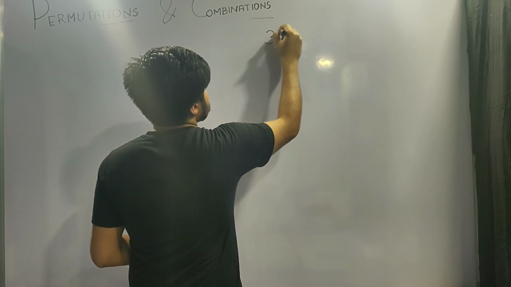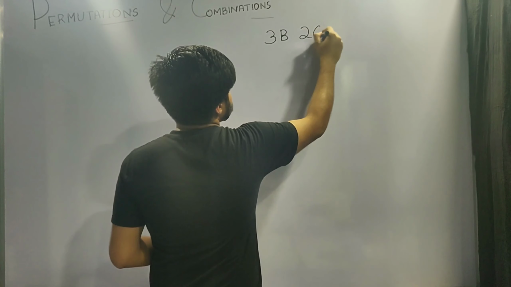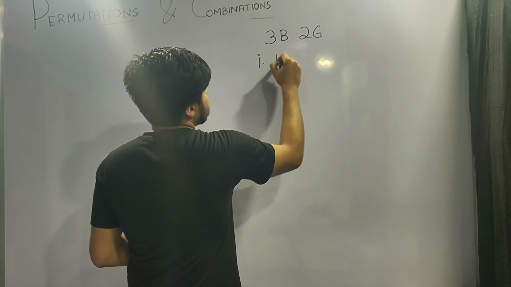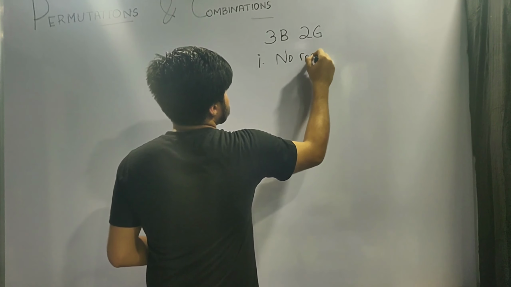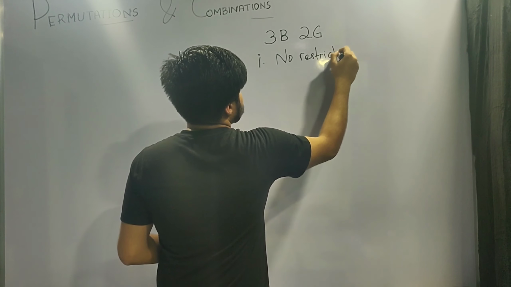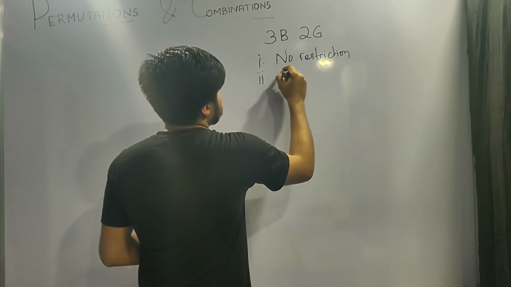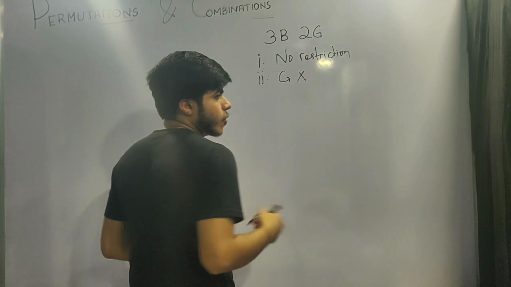Suppose you have to arrange 3 boys and 2 girls at a circular table, and in the first case there is no restriction, and in the second case the restriction is that the girls should not sit together.